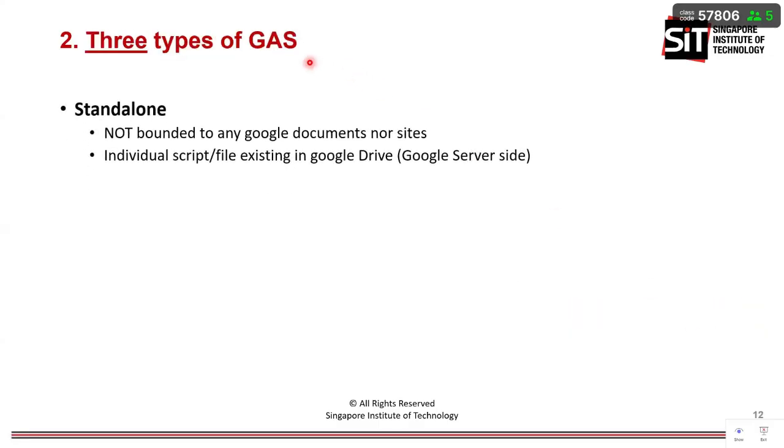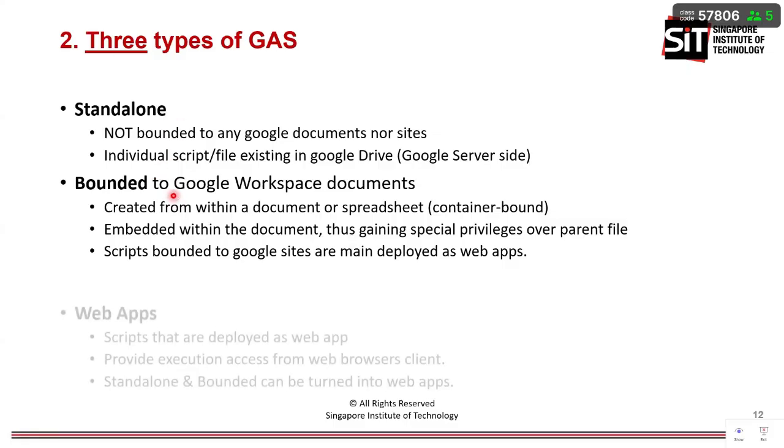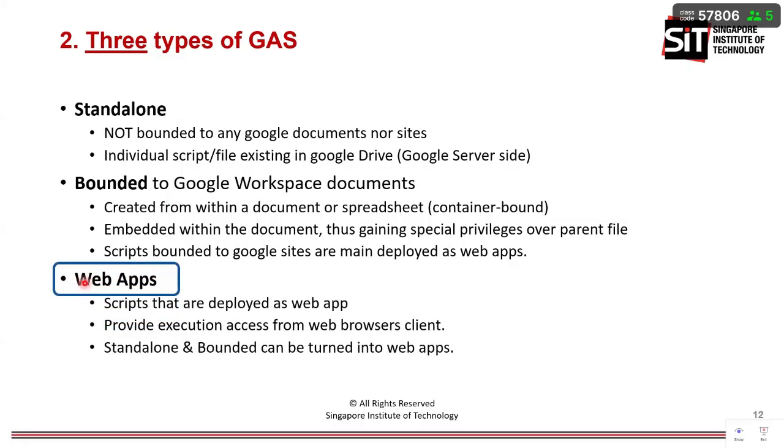So back to the types of GAS deployment, I mentioned that standalone is not bound to anything. It just runs upon execution within the GAS environment. Next, it can be bound to any Google Workspace document, embedded within the spreadsheet or some other applications. So this is for you to take note. What I want you to do is pay attention to web app.